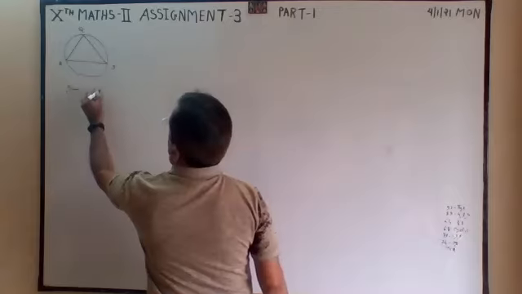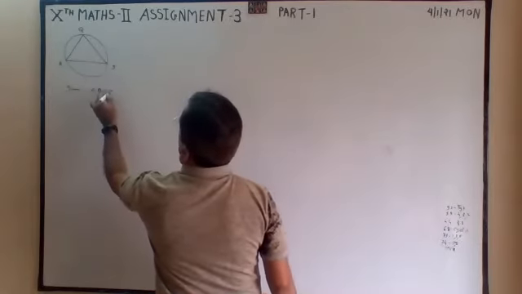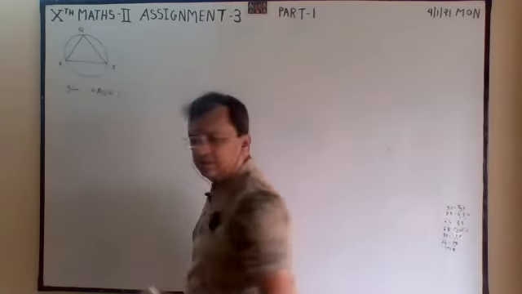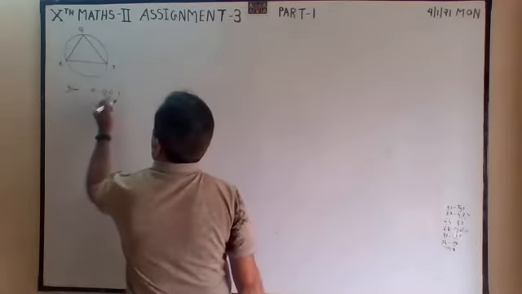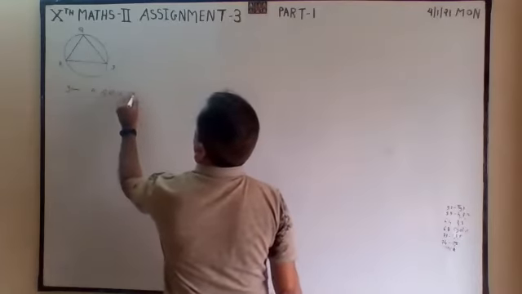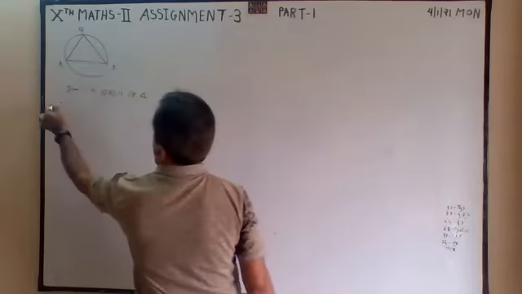Given triangle QRS is an equilateral triangle.